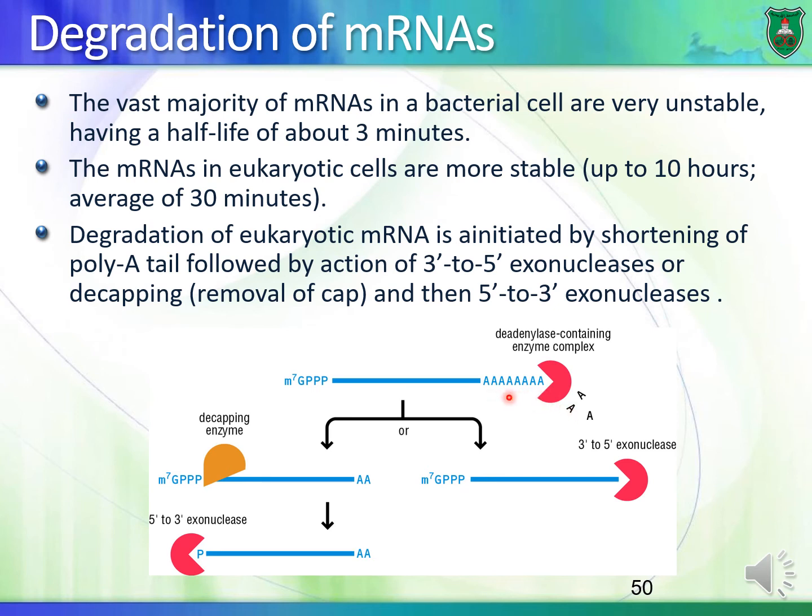Now the messenger RNA can become unstable. Once you have the removal of the poly-A tail, you have exonucleases functioning at the 3' end, eating the messenger RNA, or you have enzymes known as decapping enzymes. They remove the cap, and the exonuclease would start from the other end, from the 5' end.